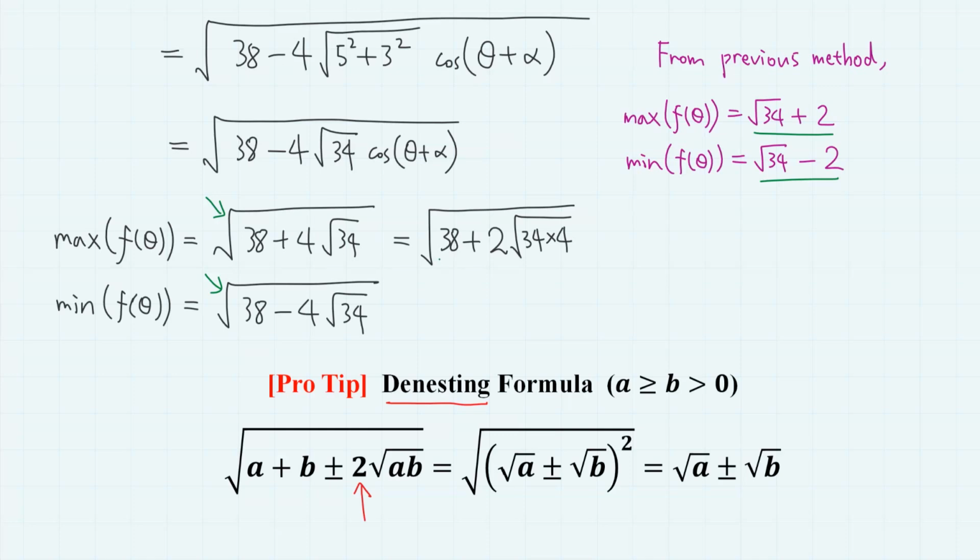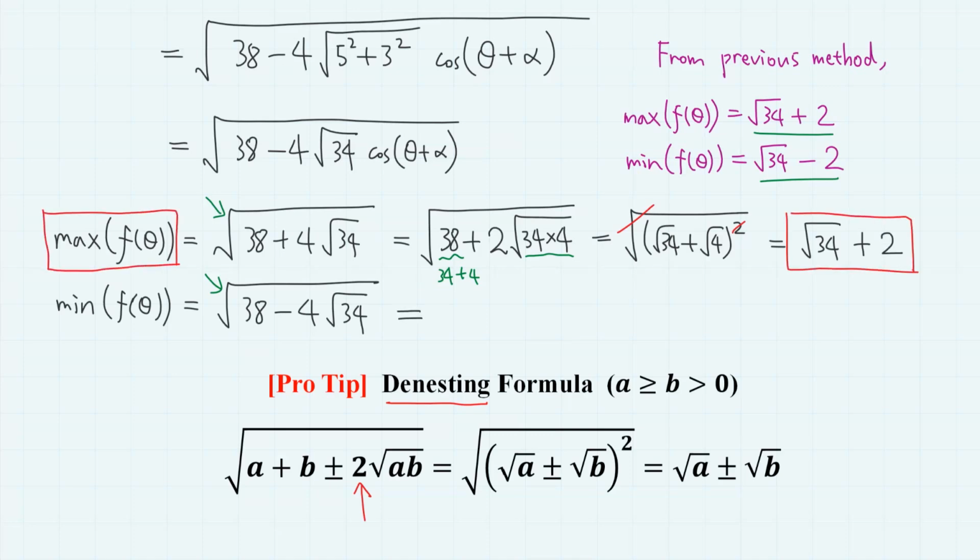So we have the sum 34 plus 4 here, and the product 34 times 4 here. Therefore, this is equal to square root of 34 plus square root of 4, squared, which equals square root of 34 plus square root of 4, so just 2.